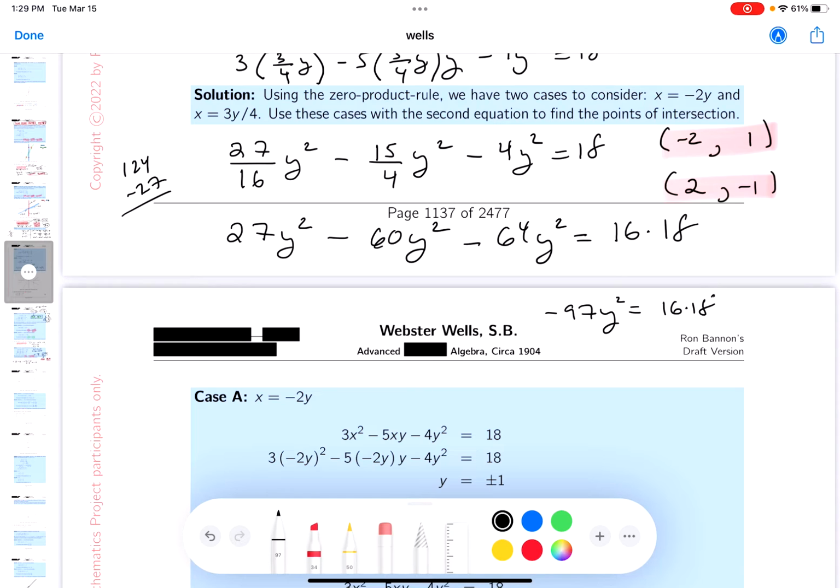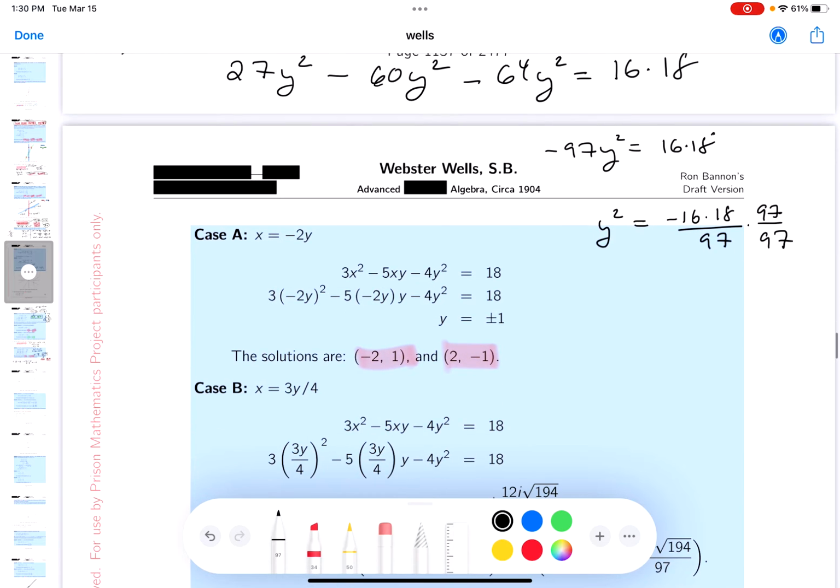All right, I'm going to keep moving along. And what do you get there? Y squared equals minus 16 times 18. There's a point to this, 97. I'm going to multiply top and bottom by 97. And let's take a look at this.